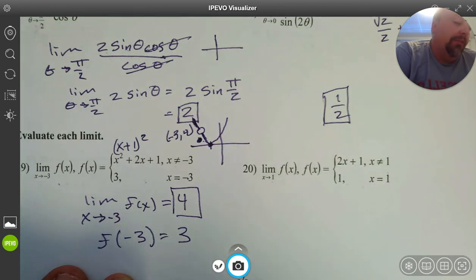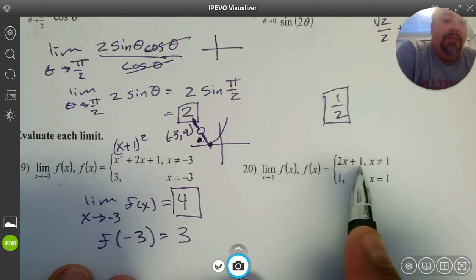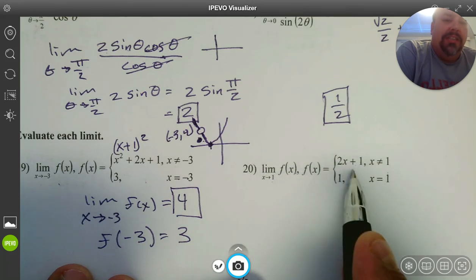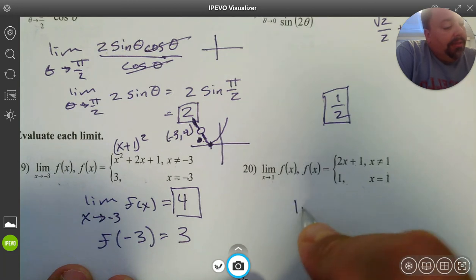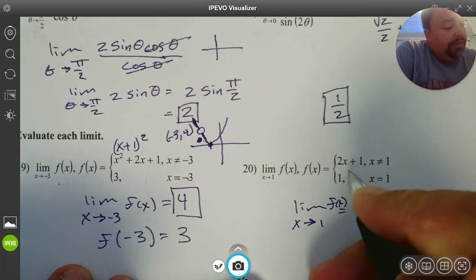We're approaching that removable discontinuity. And that means we can just use this definition of our function to find the limit. I don't really have to graph it or anything. I can just put 1 into there. So if I'm taking the limit here, if I put 1 in of f of x, the limit should come out to 3.